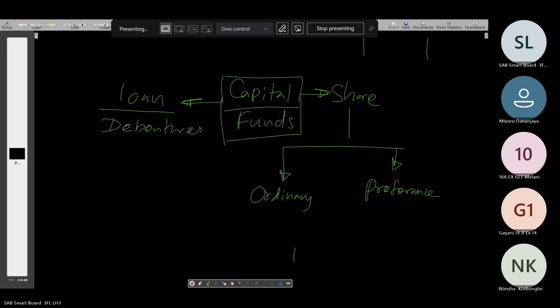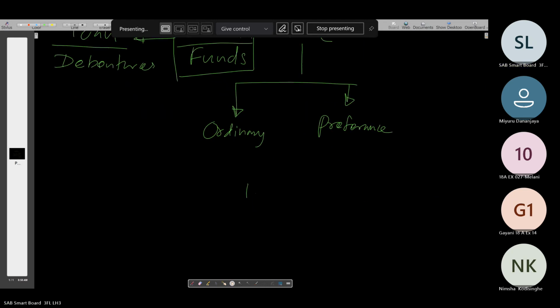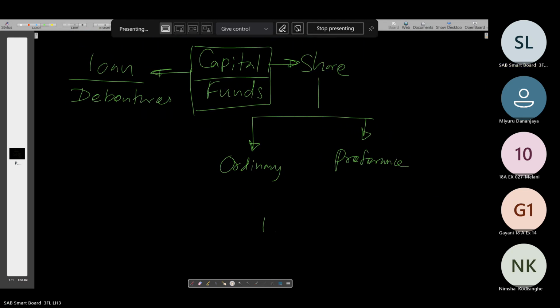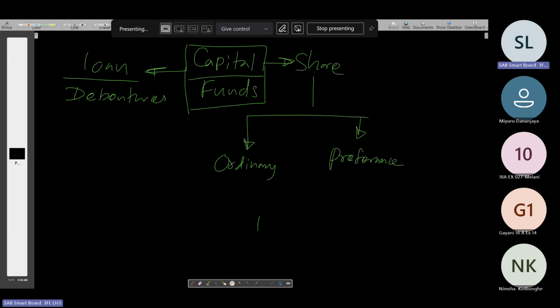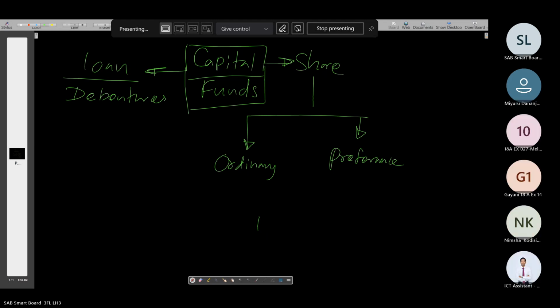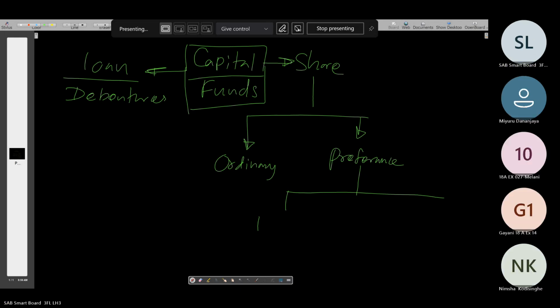Then thereafter, preference shares we can divide into several categories. One is convertible, non-convertible. Convertible, non-convertible.